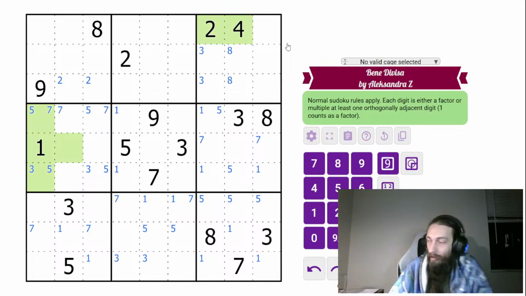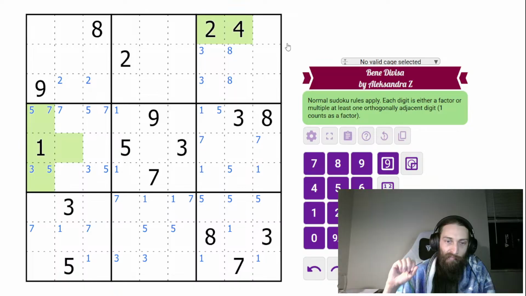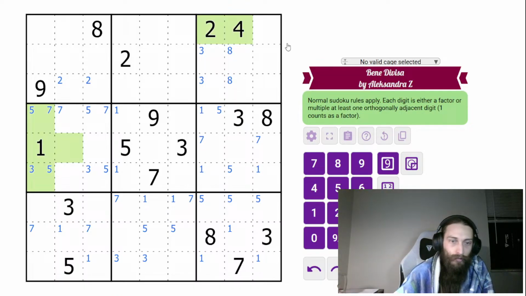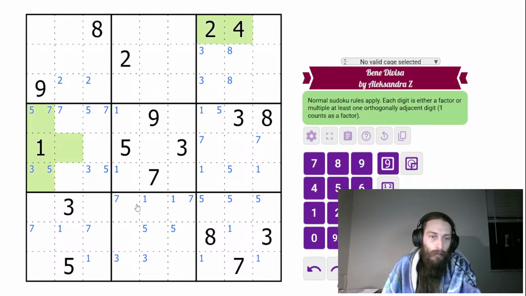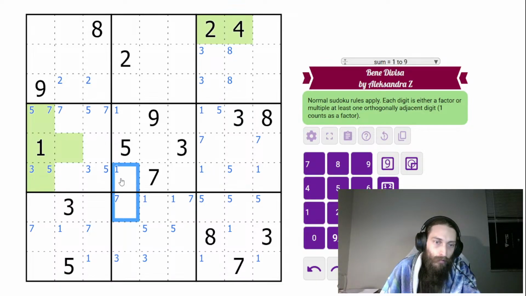I'm not seeing any of the long-term effects of placing anything anywhere. Like, I can see a few steps ahead. If this was 7, then that would be a 1, which would make that a 1. Excuse me, placing a 7. That would have to be 5.